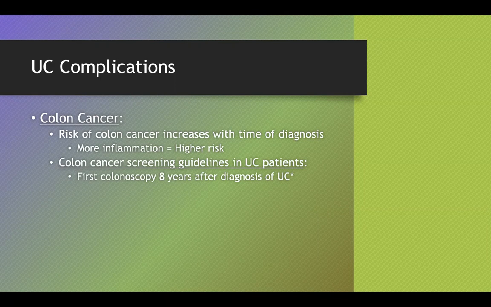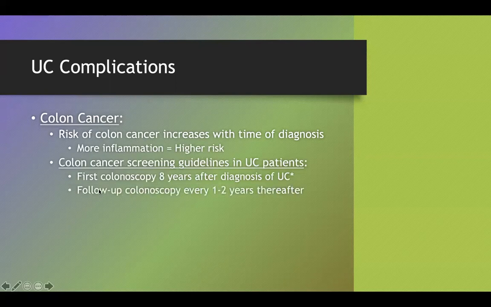There's some leeway: if you only have a small area affected, you can wait 12 or 15 years. But if you have a lot of pancolonic involvement, you should have it done 8 years after your diagnosis. You don't have to remember those numbers, by the way. The important thing you need to know is this relationship between UC and colon cancer.